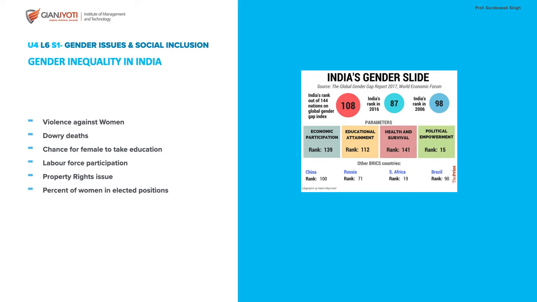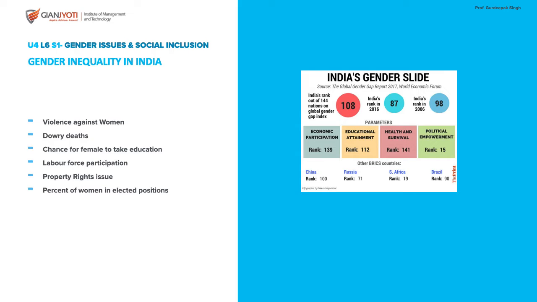The labor force participation of women, property rights, which has changed over the years, but still it's an issue. And how many top positions have been taken by the women in our country.